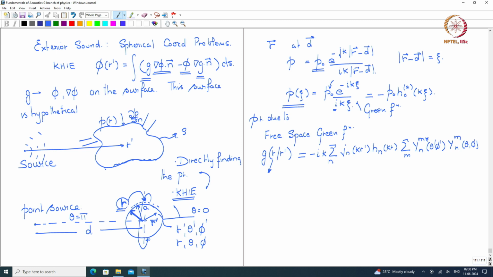Now what do we need? P at r dash is given by the integral of g del p dot n minus p del g dot n ds.